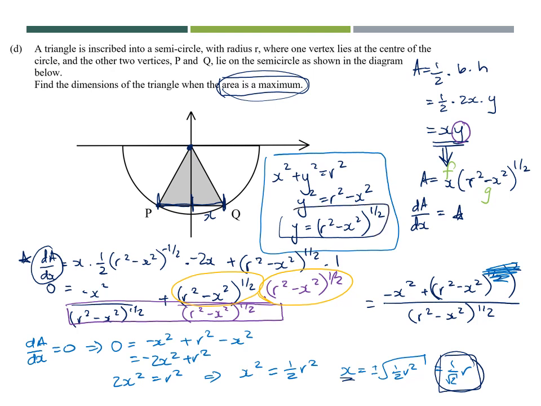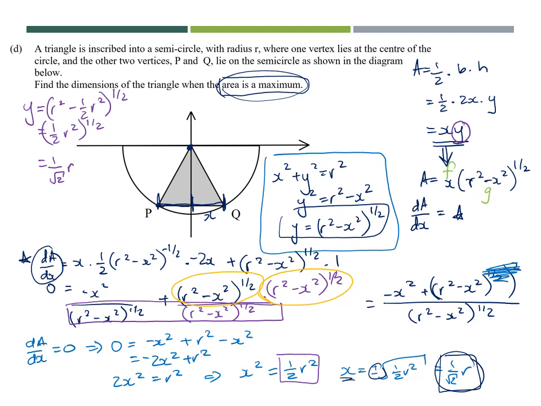Y is in here, so y is equal to r squared minus x squared, which is here, minus a half r squared, all square rooted, which is actually a half r squared, square rooted, which is going to be the same thing, isn't it? 1 over root 2 r.